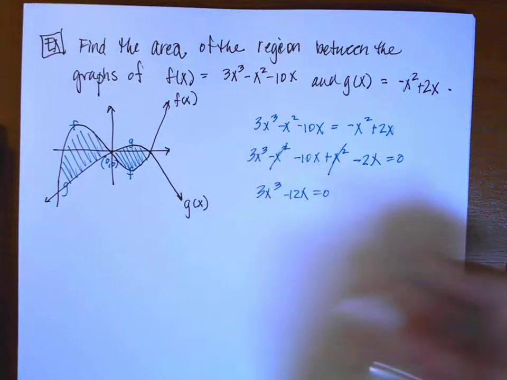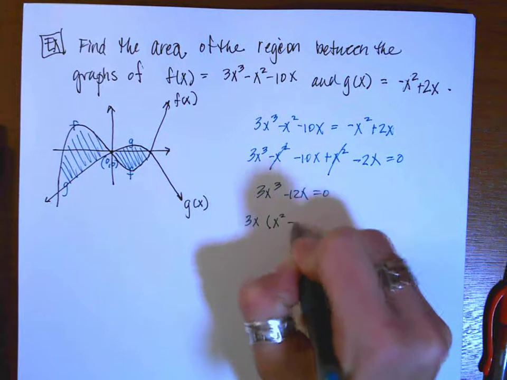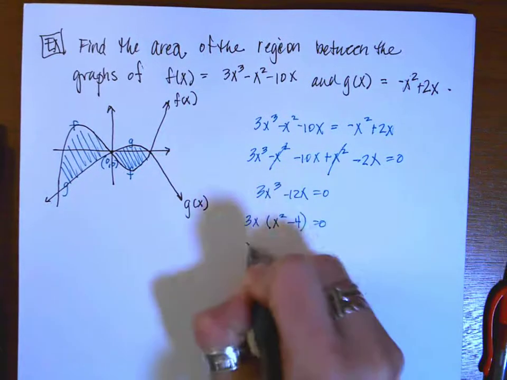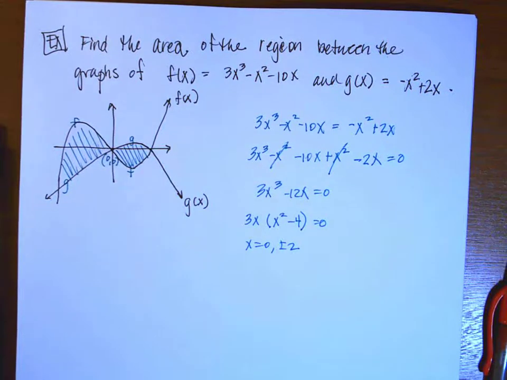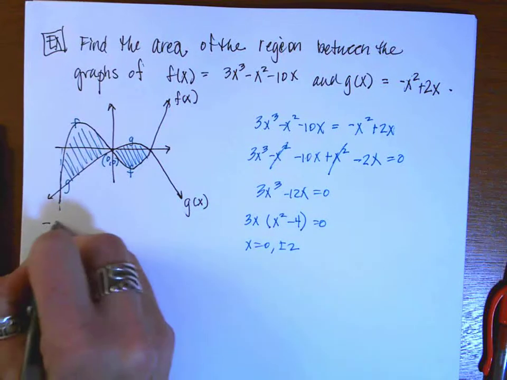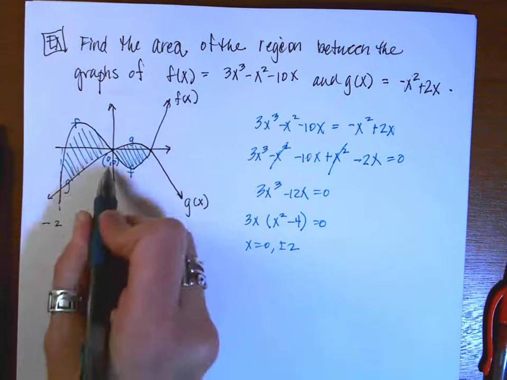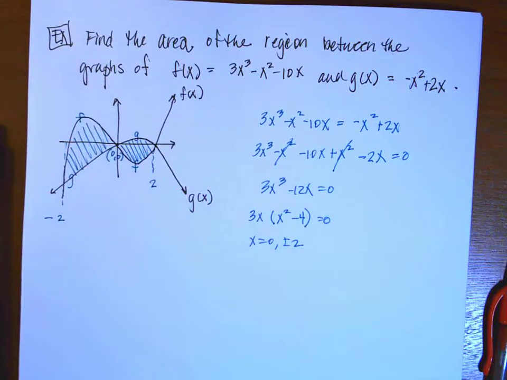The x squared goes away. So I get 3x cubed minus 12x is 0. I'm going to factor out a 3x, and I get x squared minus 4. So I get x is equal to 0 and plus or minus 2, which are the 3 points of intersection. So this little guy is at negative 2, there's the 0, and then this guy is at 2.